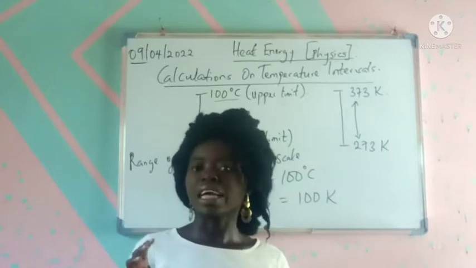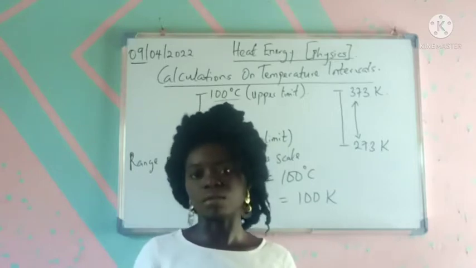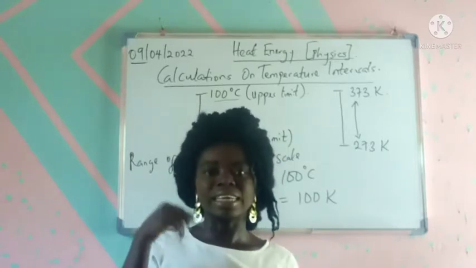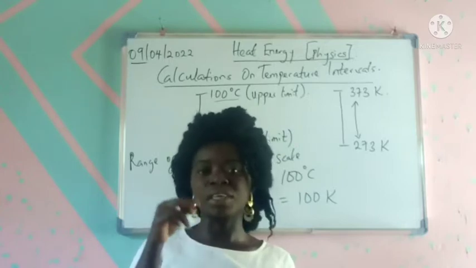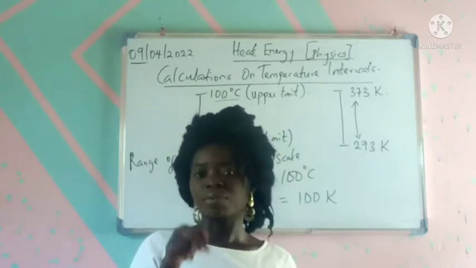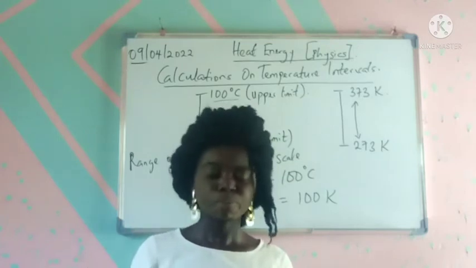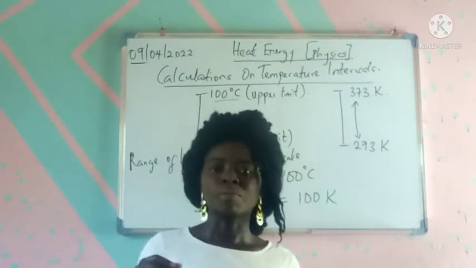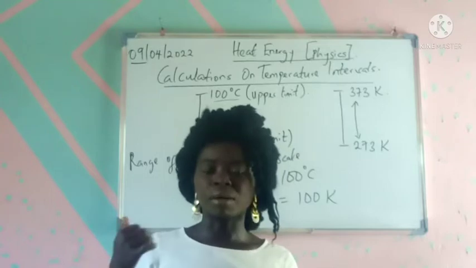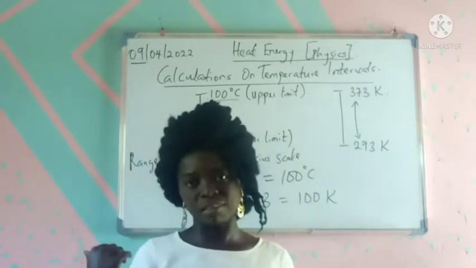So that's just something for you to take note of. But you see that their interval range, that's the difference between the upper limit and the lower limit, is still 100 for both. Alright, so oftentimes we are going to be making reference to this.